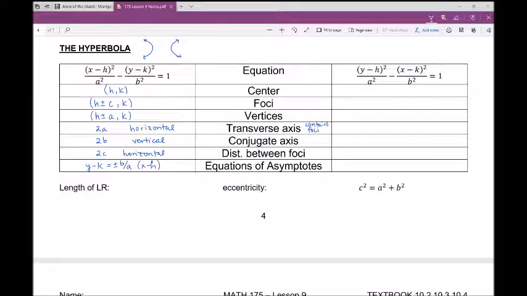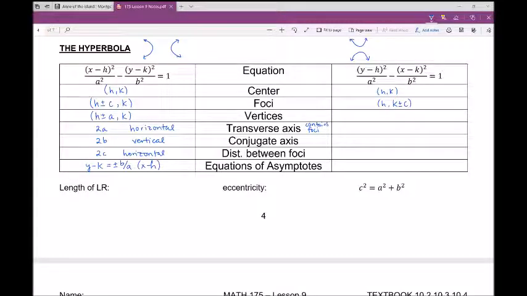Now let's look at the vertical case. A vertical hyperbola will look something like this. Your center is still (h, k). The foci will add to the y-coordinate rather than the x-coordinate, so we get (h, k plus or minus c).